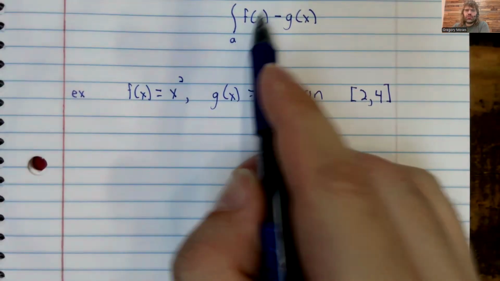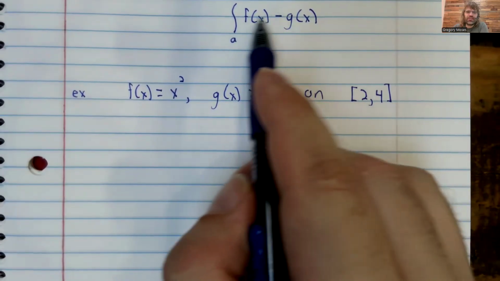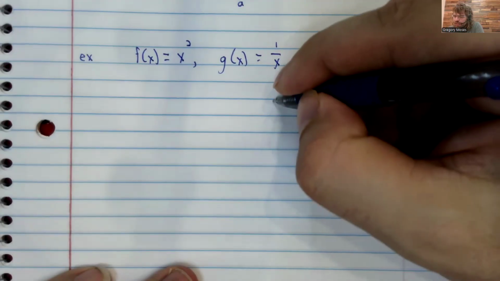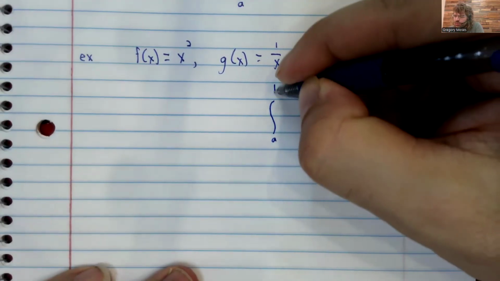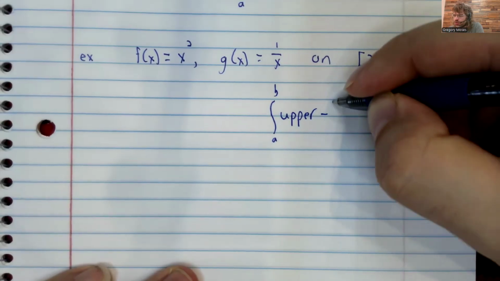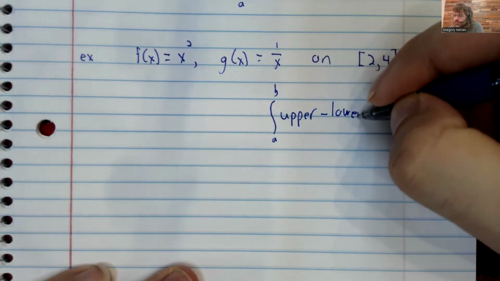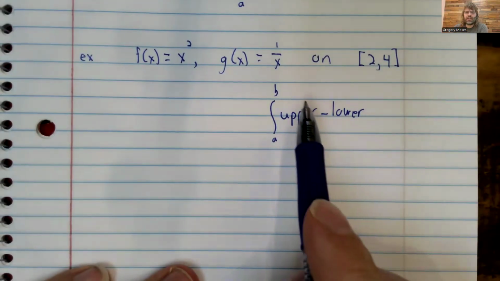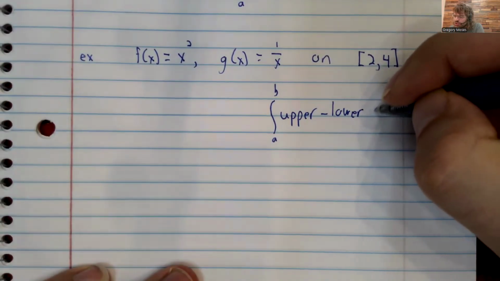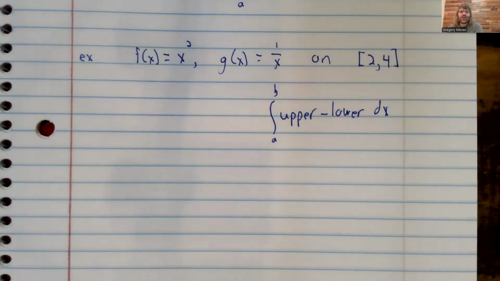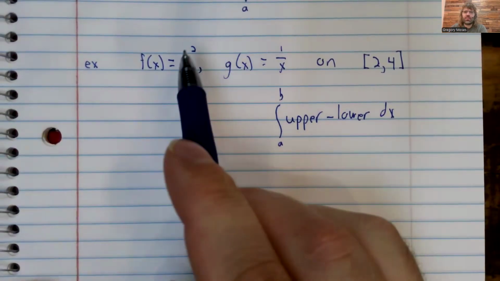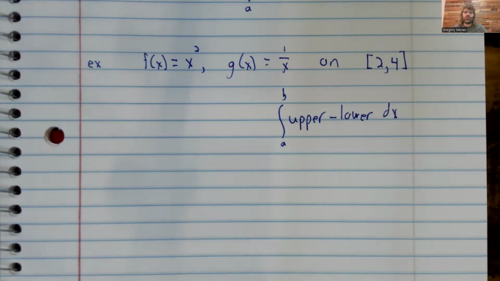Now, don't get caught up in the fact that I used f and g up here. The actual formula is that one of these curves is above the other curve, and we're subtracting the lower curve from the upper curve. So we have to figure out which curve is the upper curve and which is the lower.